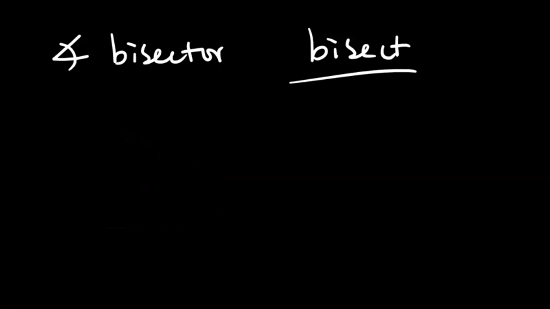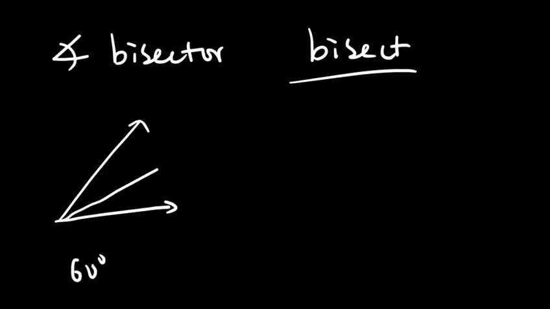All right, let's do a practice. So suppose I have an angle, let's say this angle is 60 degrees. And I have an angle bisector. How do we know this is an angle bisector? I'm going to use my little symbol. I use the same amount of curves. Same amount of curves tells me angle 1 and angle 2 have the same angle measure. So OC is my bisector.